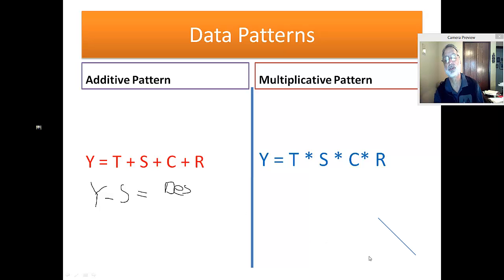Now, if I was doing multiplicative data, then what I would be doing is not subtracting it out. I would divide it out, and then that would then give me the deseasonalized part of the data, okay, deseasonalized part.